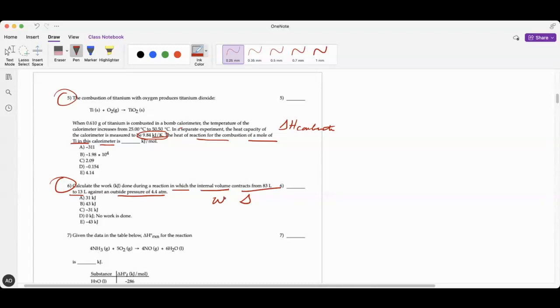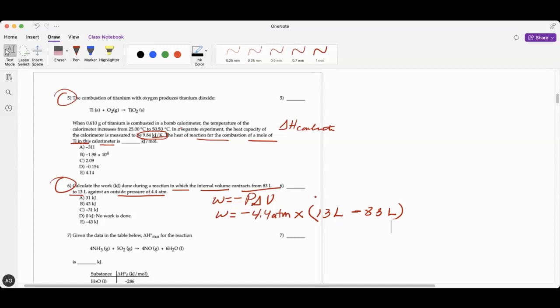So our work is equal to a negative P times delta V. The pressure is 4.4. Don't forget the negative sign. Atmospheres times delta V, which is 13 liters minus 83 liters.